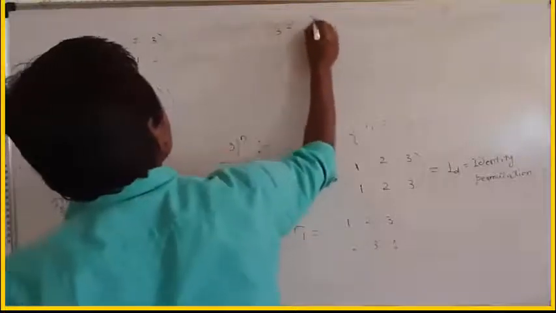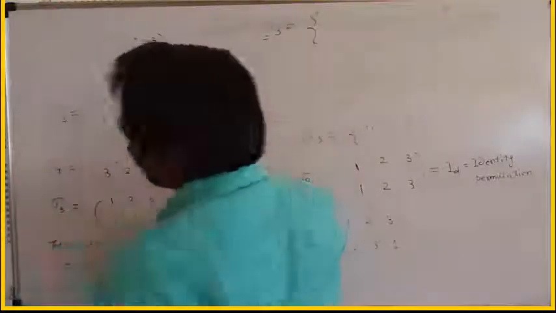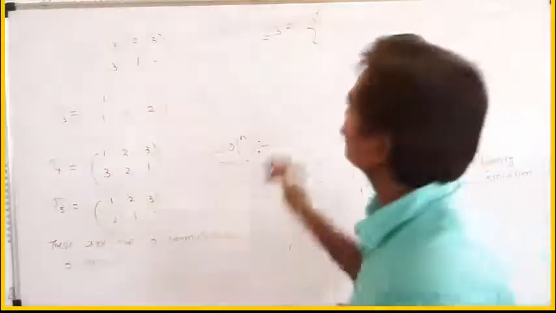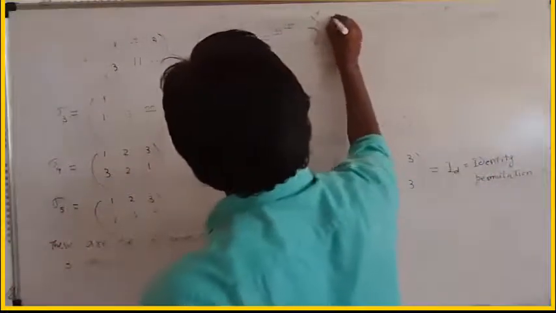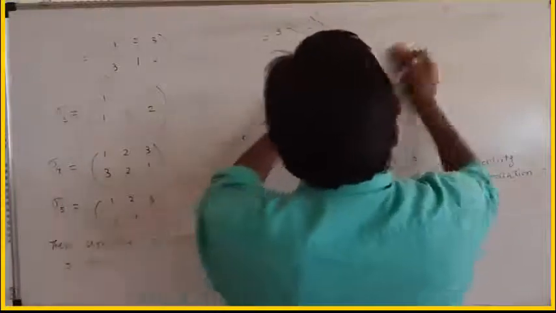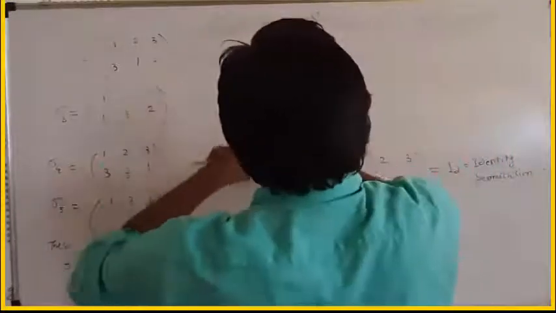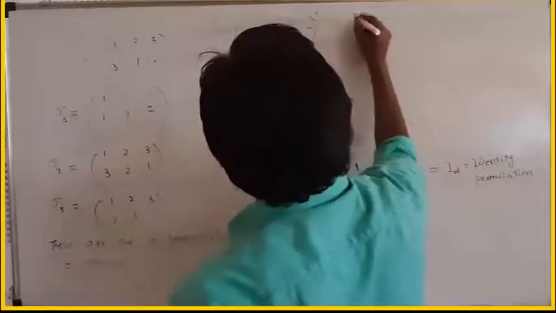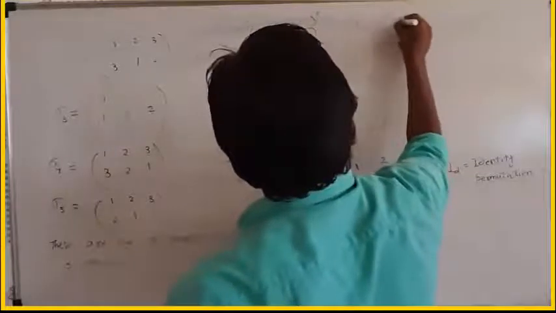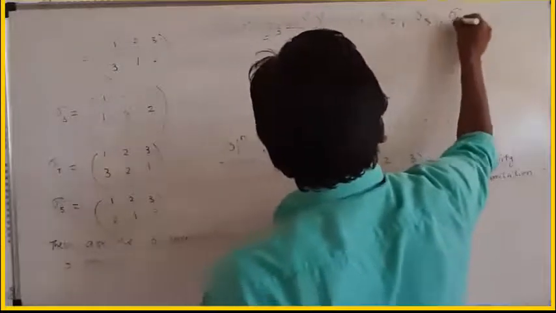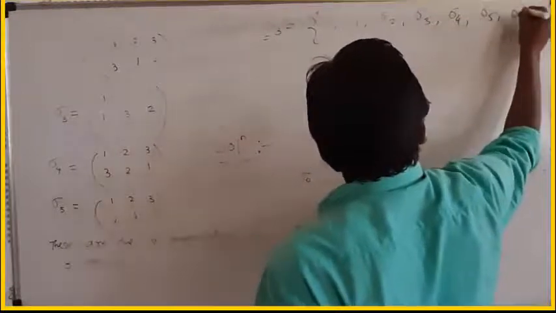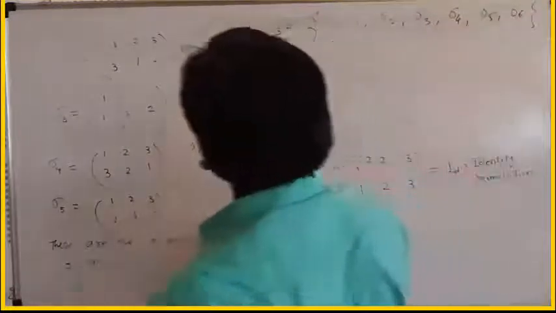S3 is the set containing all permutations on 3 symbols: sigma naught, sigma 1, sigma 2, sigma 3, sigma 4, sigma 5. Sigma naught is always the identity permutation. This is S3.